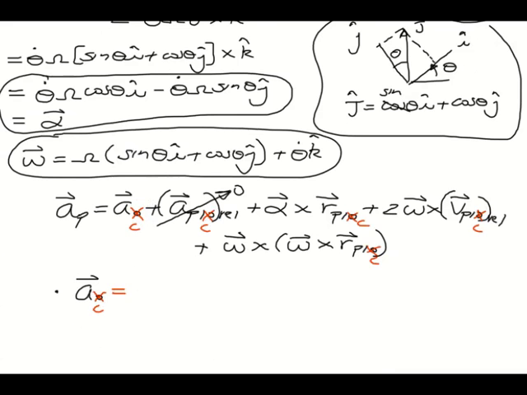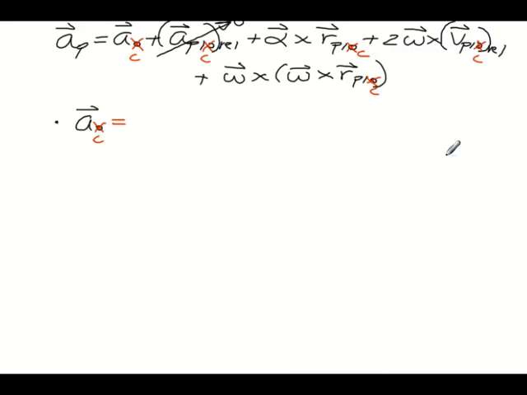What is the acceleration of O? Well, if you look at this thing from the top, C is moving on a circle about O, radius of R. So it's moving at a constant speed, but it still has a centripetal component for that.